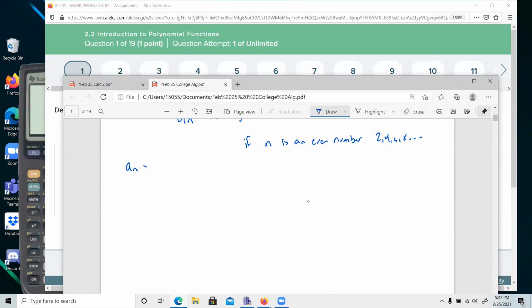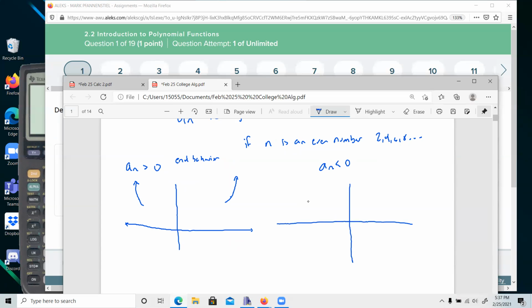If my a sub n is a positive number, right? Like that quadratic I just gave you, it opens up, right? We say it opens up. So I know my end behavior of my polynomial is going to look something like this. This is the end behavior. If my leading coefficient is negative, okay, we're going to be looking at something like that.